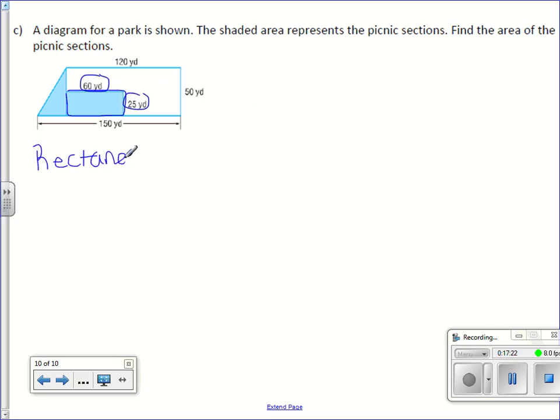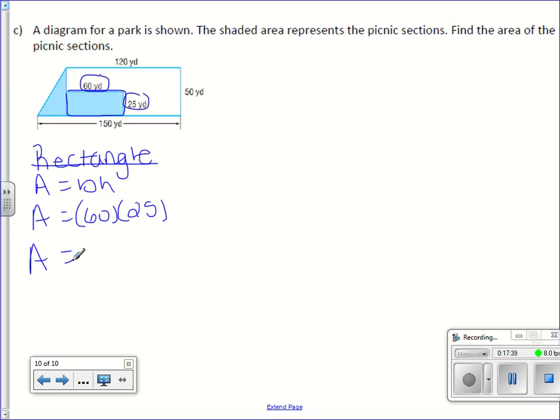So the rectangle, area equals base times height. Area equals 60 times 25. Area equals 1,500. So that takes care of my rectangle.